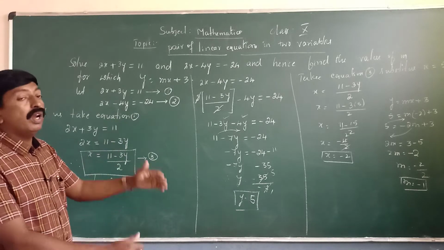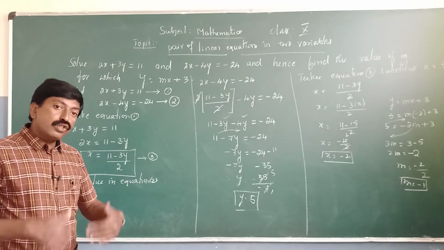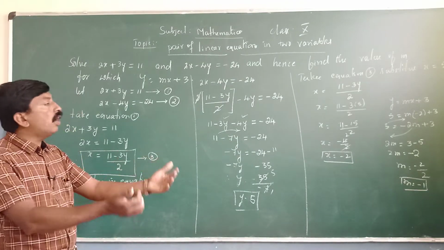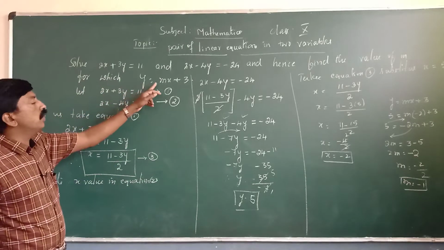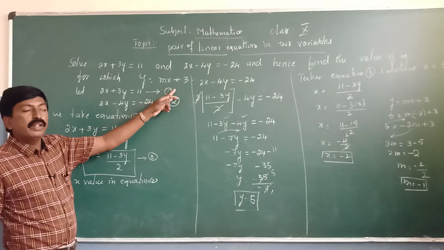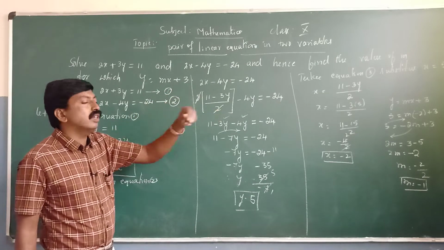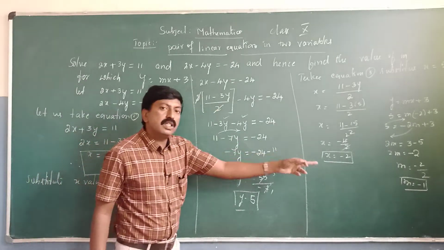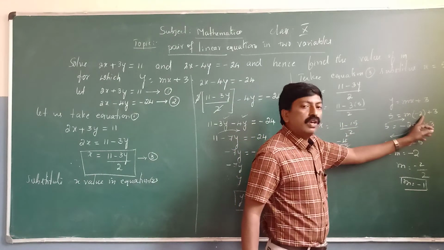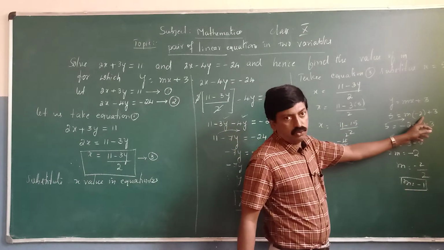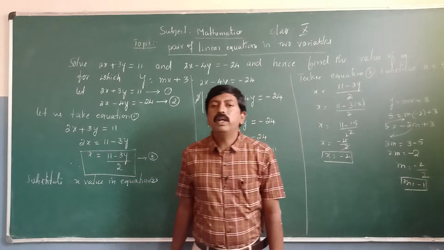So this problem is not complete. Hence to find, further we have to find the value of m. So in the equation y is equal to mx plus 3, write down that equation y is equal to mx plus 3 and substitute the y value 5, x value minus 2. Simplify, we got minus 1.